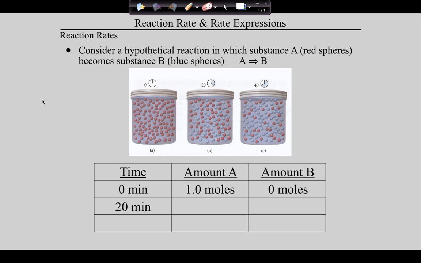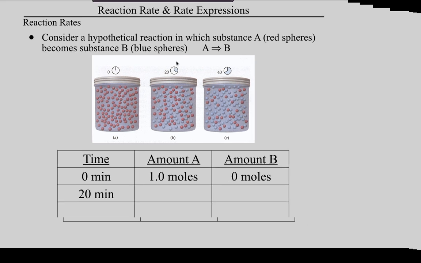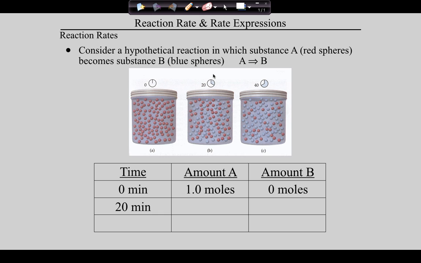Okay, now, 20 minutes go by. Notice our high-tech timing device right up here above. So guys, here, see it? 20 minutes go by, and after 20 minutes, what happened to some of the red stuff? It turned into blue stuff. And guys, they actually give us some numbers. After 20 minutes, but how much blue stuff will there then be? 0.46, because the red turns right into blue.